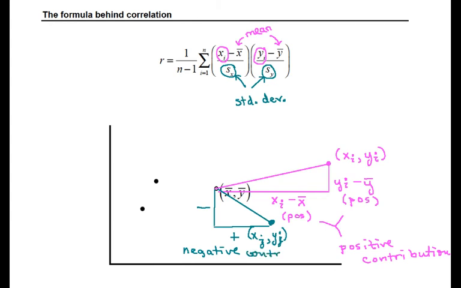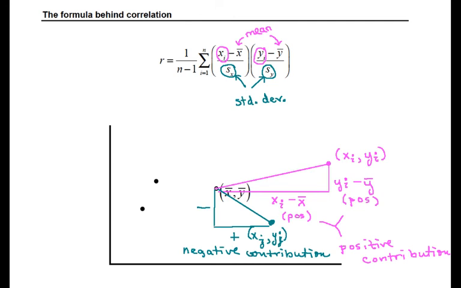So the main idea here is that the correlation is calculated from a sum of a bunch of terms that really depend on where they sit relative to that kind of hypothetical point made up of the two means. If you have lots and lots of positive contributions to the correlation, you're going to end up with a positive correlation.